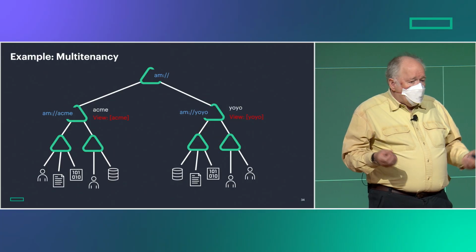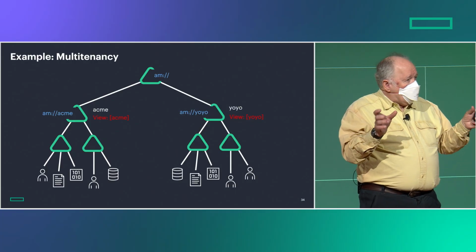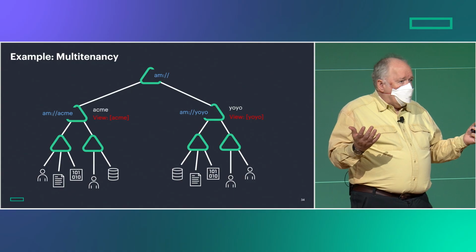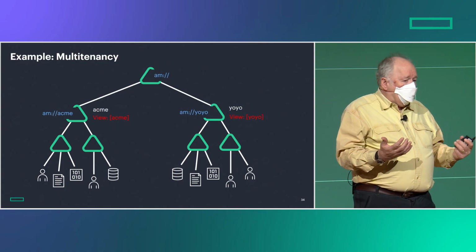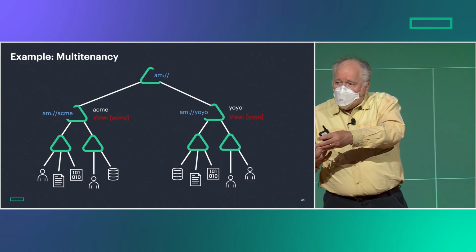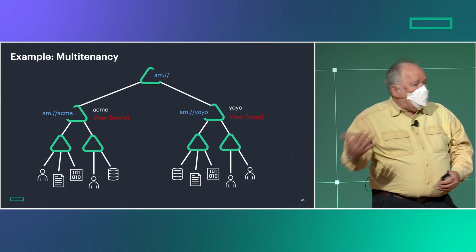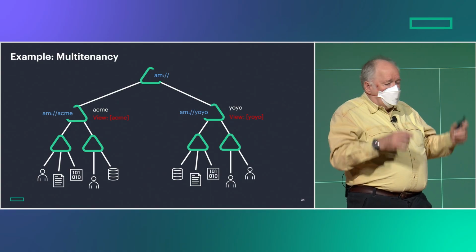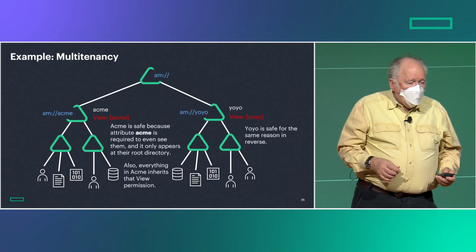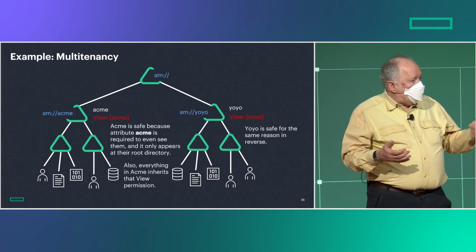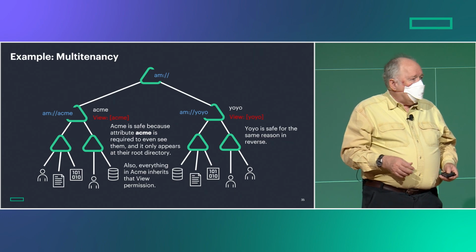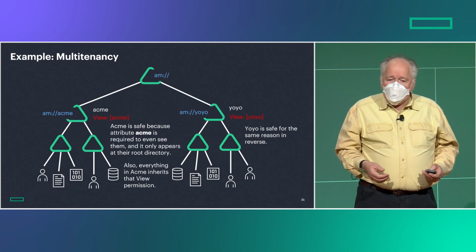And the view permissions are just as before, but specialized. We're done. This multi-tenancy is now established. Acme cannot see Yoyodyne data, and Yoyodyne cannot see Acme data. It's that simple at the organizational level. Acme is safe because of the arguments we gave before, and everybody inherits it. Yoyo is safe for the exact same reasons.